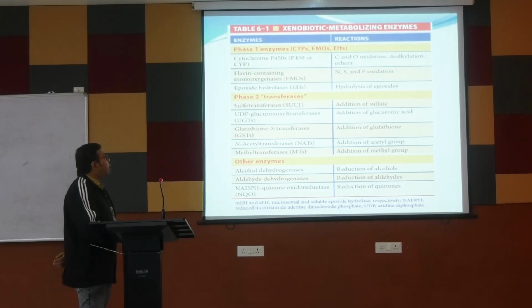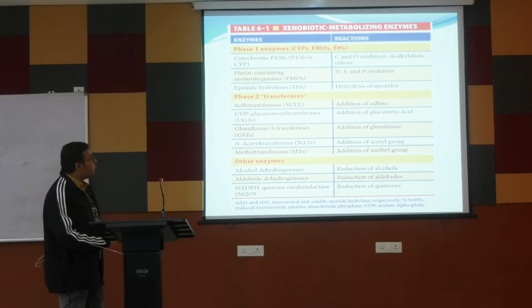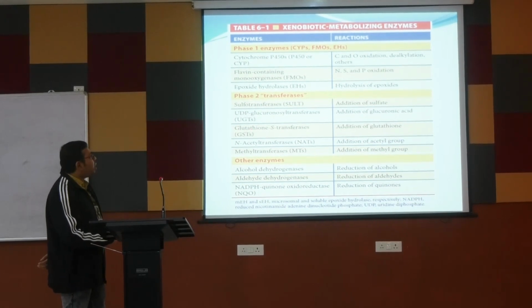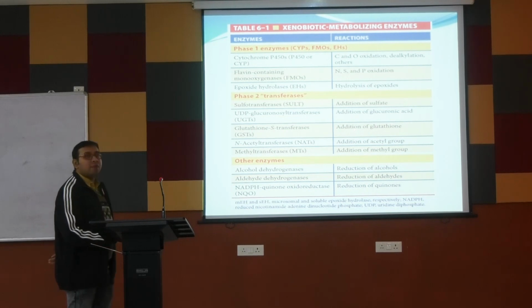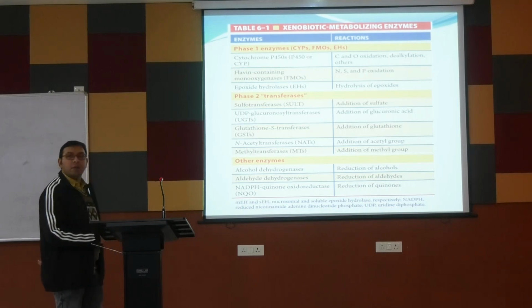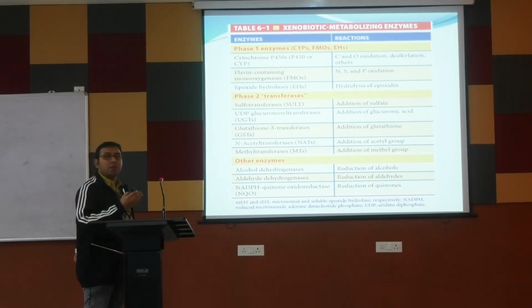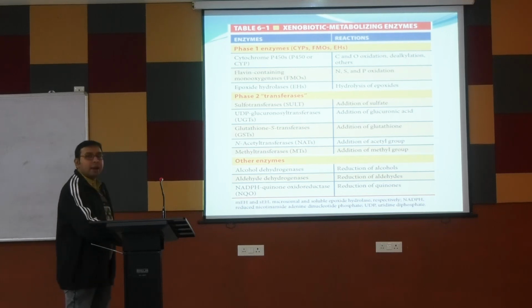Within the phase 2 transferases, the most important is UGT, the UDP-glucuronosyltransferase, which causes addition of glucuronic acid. Sulfotransferase causes addition of the sulfate. Glutathione S-transferase causes addition of glutathione. This is important; I have already discussed the paracetamol overdose. This glutathione addition is needed for protection of the liver. N-acetyltransferase is addition of the acetyl group.